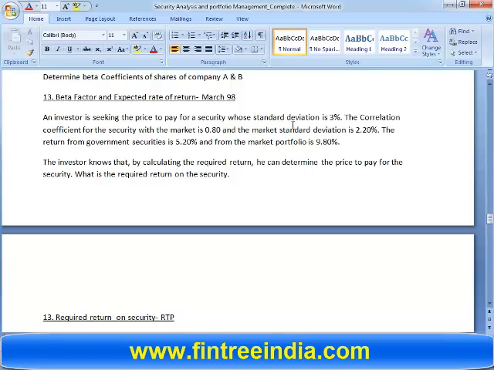So say beta, and then in smaller letter A, beta of A is equal to correlation A comma market, multiplied with standard deviation of A divided by standard deviation of M.